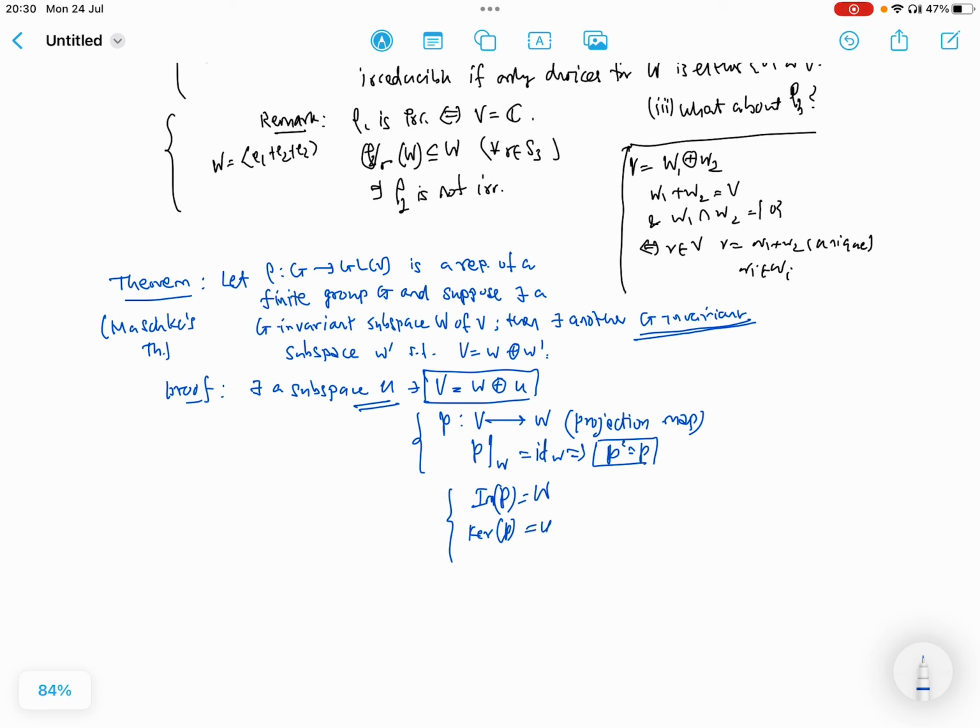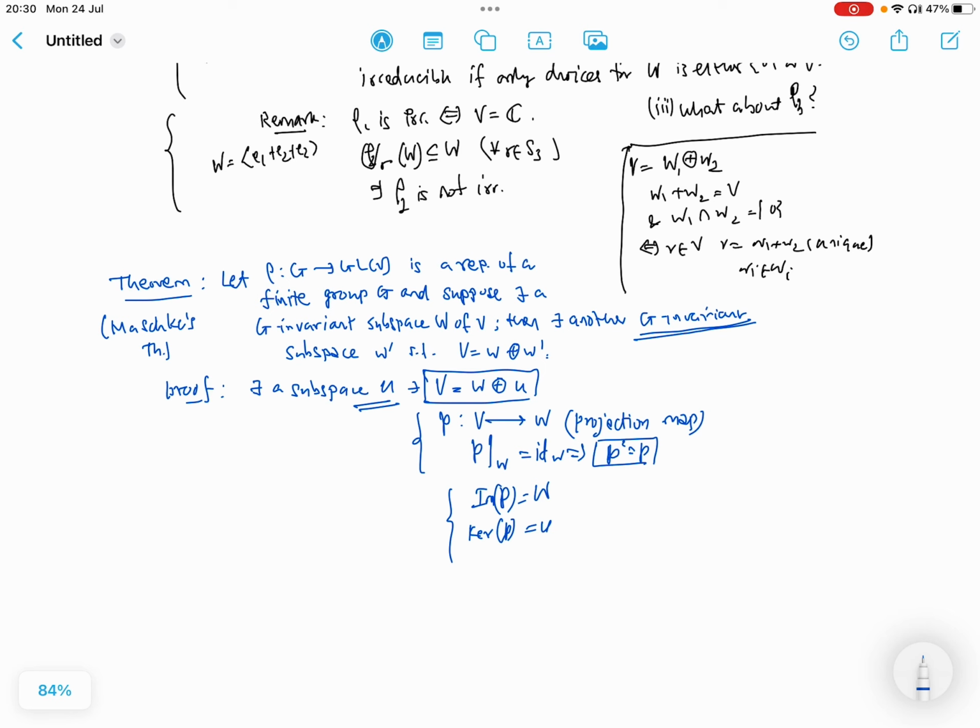So now again we need to find another direct sum decomposition with W and W prime. So we need to find two things. One, another projection, and secondly, W should be the image of that projection also, and W prime should be the kernel of that projection. And moreover, W prime should be invariant under G.